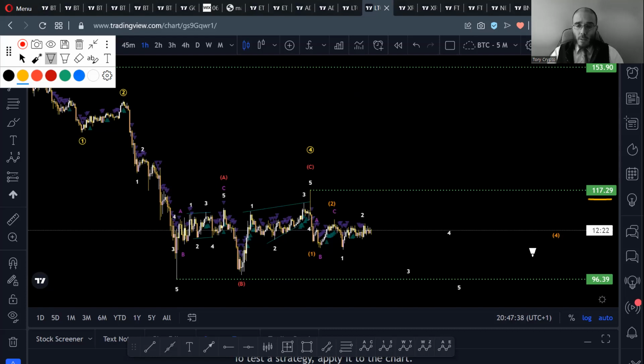And you will go certainly below 96.39, but you might go, I don't know, I have no target for the end of it right now. But let's say you go to 94 and then you rebound really fast.